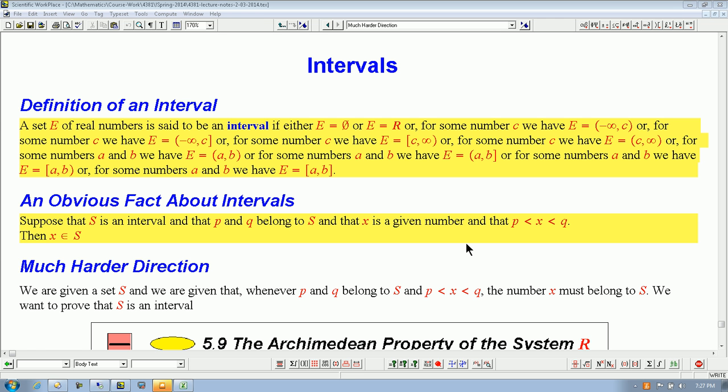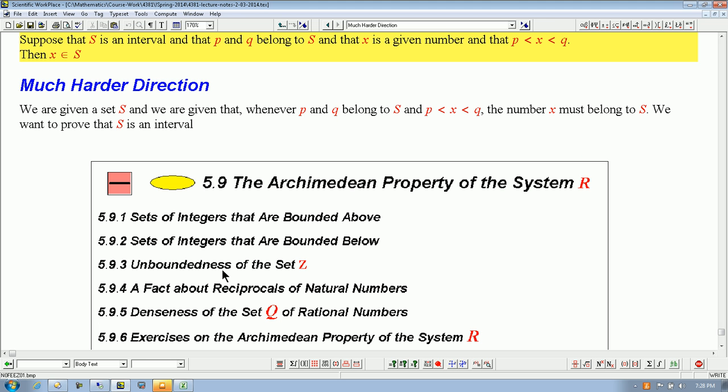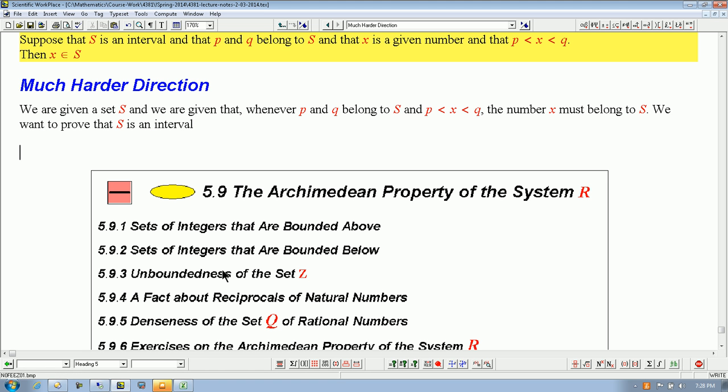And this is harder. And we're going to look at a bunch of cases. We'll be lucky if we finish it today. So, we want to prove that S is an interval. So here we go. I think I'll put a little heading.